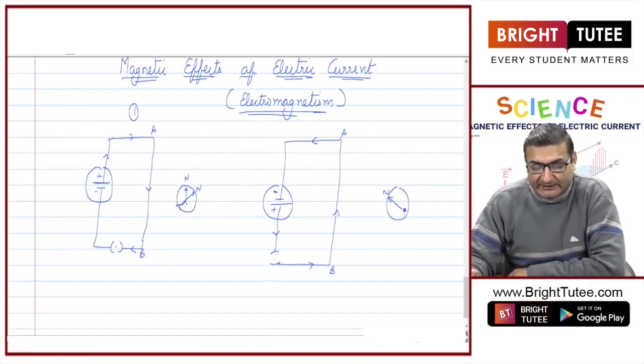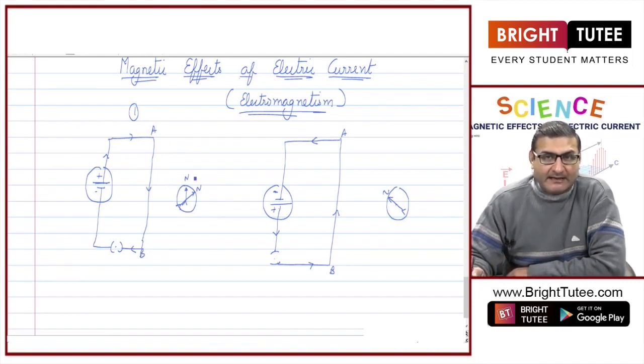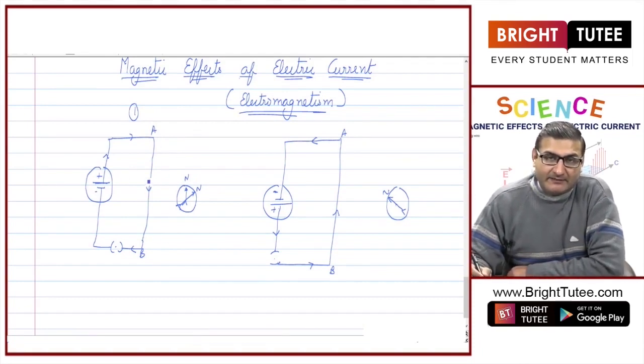With this activity, we conclude there are two things that are happening. One thing is, on passing current, a magnetic field gets produced, right? Along this wire, there is a magnetic field.